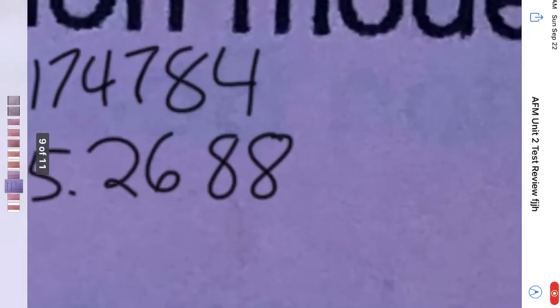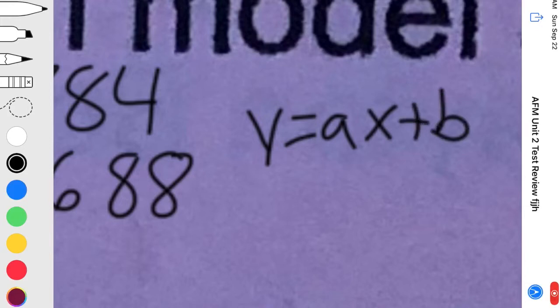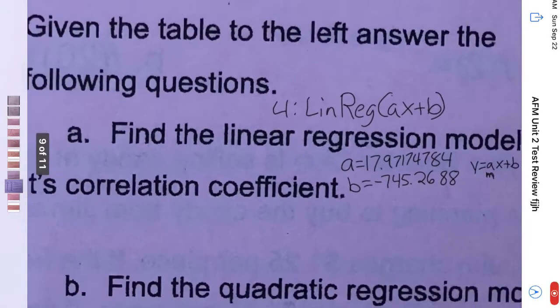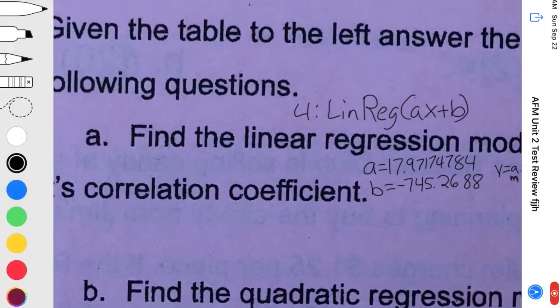So we're going to put these in our linear equation. If you don't know your linear equation, it's y equals ax plus b, or what we're used to is that a being an m. Don't ask me why the calculator uses an a instead of an m. I guess it's easier for the calculator. Then we're going to substitute our a and our b in.